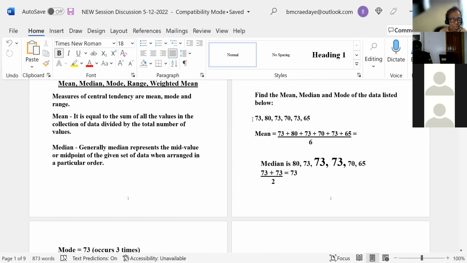Now, let's look at this data. We want to find the mean. Add up the items. There's 6 of them, divided by 6, right? So add that up. Find the mean. Tell me what you get for this set of data.